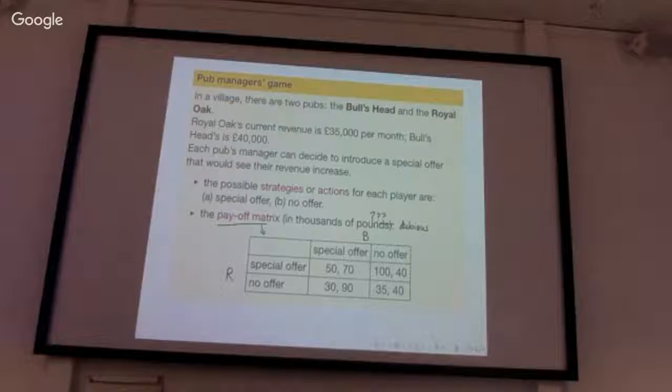So no matter what B does, R always prefers to introduce the special offer.